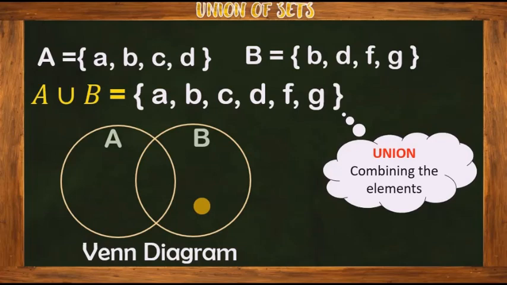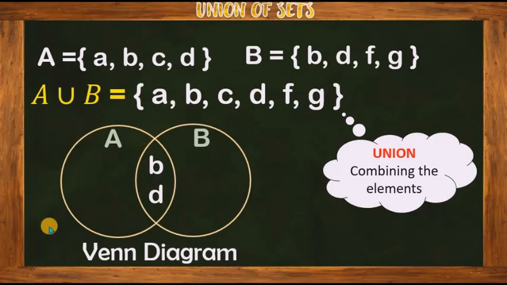And remember also that when you supply the elements inside the circles, always start with the intersection, or the elements that are common to both A and B. And what are those? B and D. So that's their intersection. You're going to put it here in the middle.